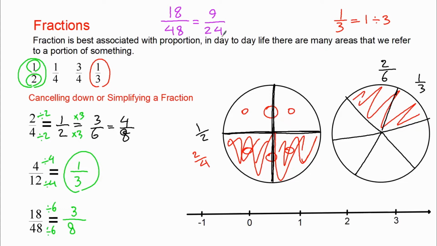This time with 9 and 24, you can't divide both of them by 2, but you can divide both of them by 3. So if I divide both of them by 3, I will get 3/8. So you could do it through some steps with smaller numbers, or you could find the highest common factor and make it one step.